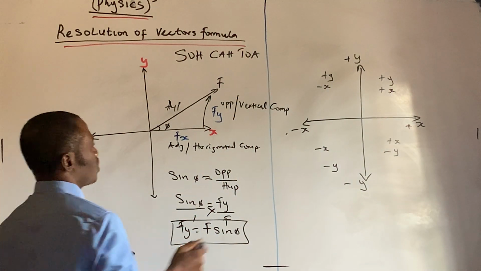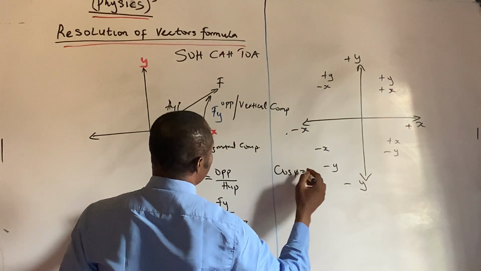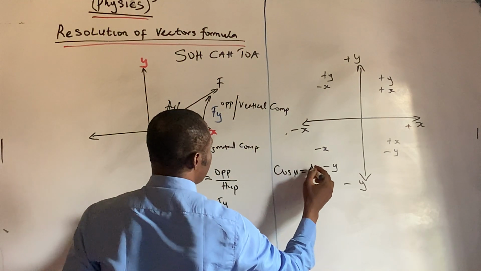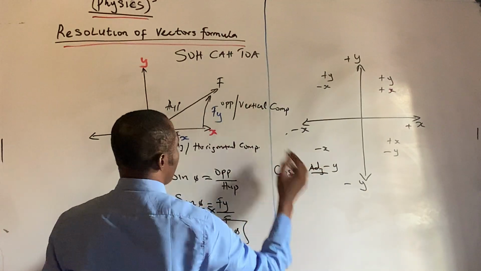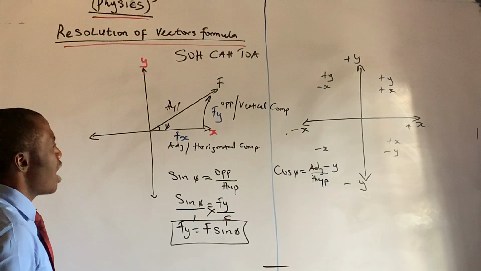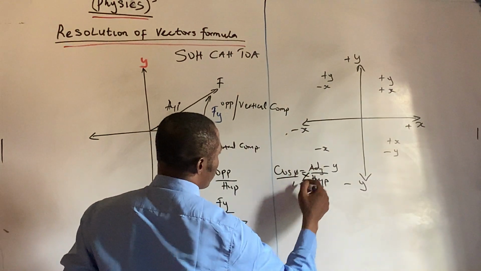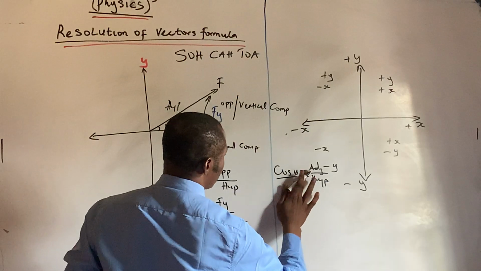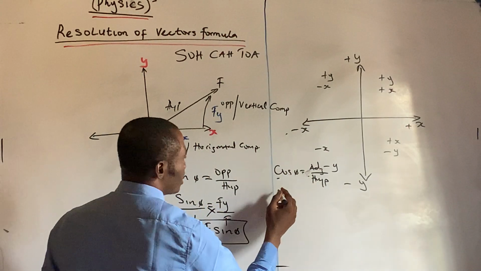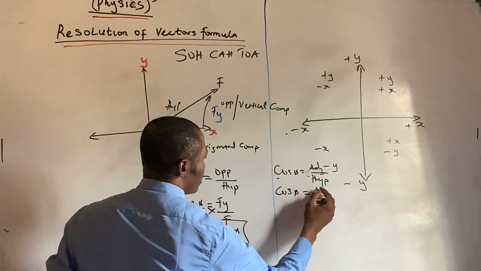Now, let's solve for the next one. For the cosine, cos theta is equal to adjacent over the hypotenuse. If I put a 1 here and cross multiply, we have adjacent times 1 equals hypotenuse times cos theta. Let's look for the adjacent. Adjacent is f of x.